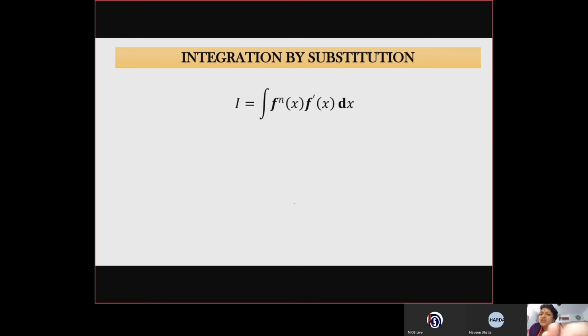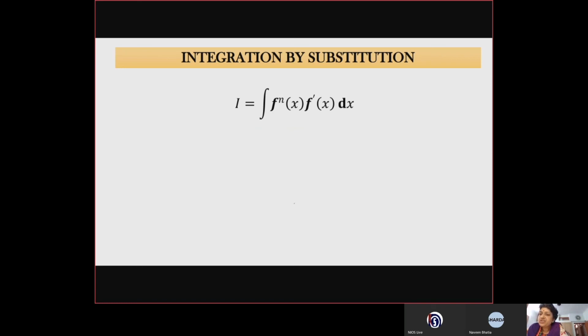If we have plus or minus between the functions, we just separate the integral and we integrate them. But suppose we have a product or a division of functions, then the first thing you have to check is the functions that are given.